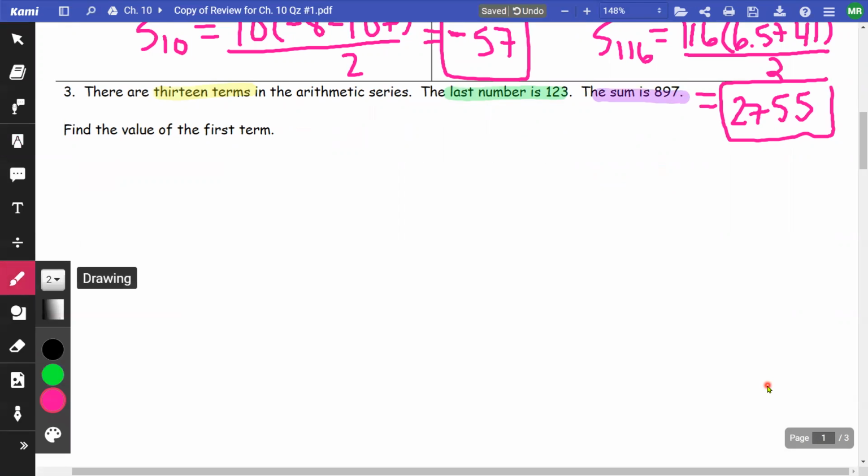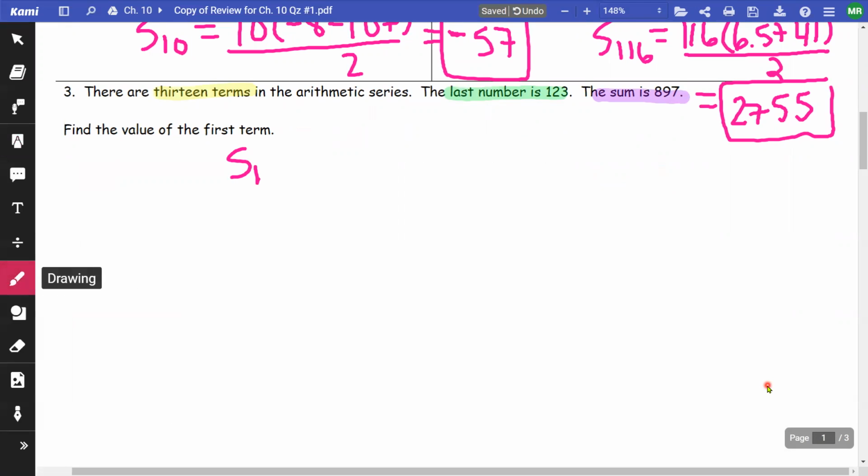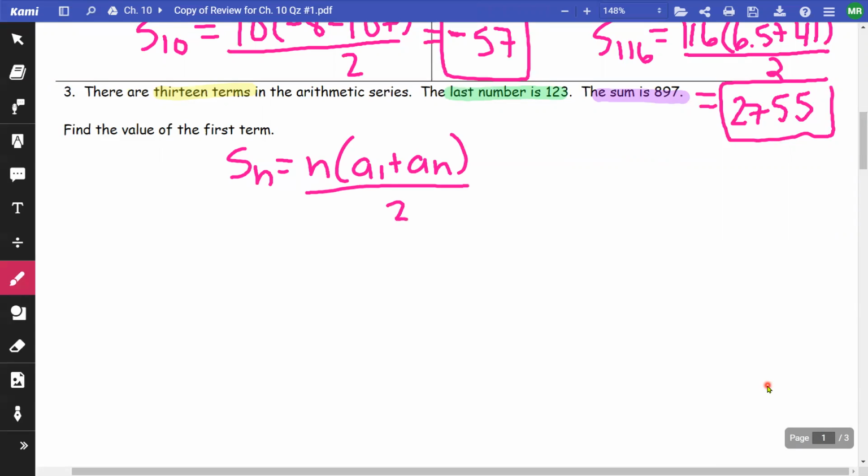And we want to find the first term. So I'm going to use S sub n is equal to n times a1 plus a sub n, divided by 2. So I'm going to have 897 is equal to 13 times a sub 1, which I don't know, plus my a sub n, 123, divided by 2.